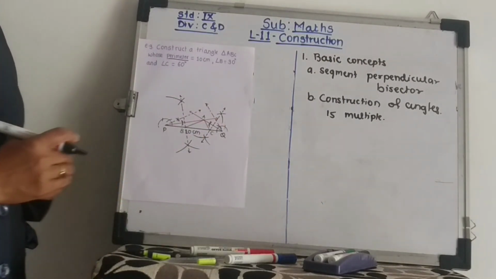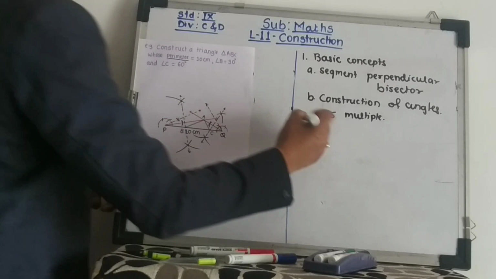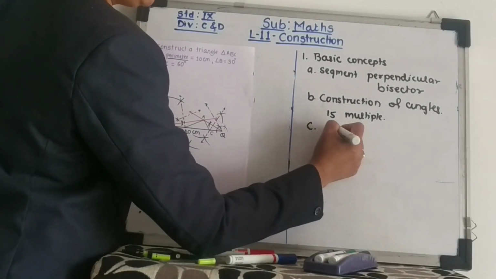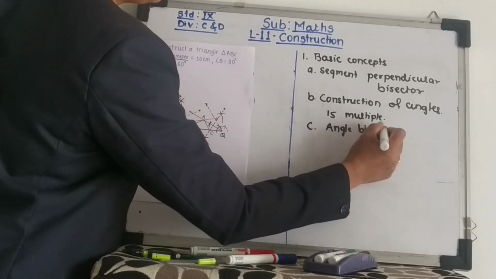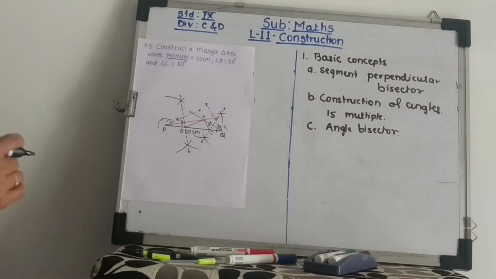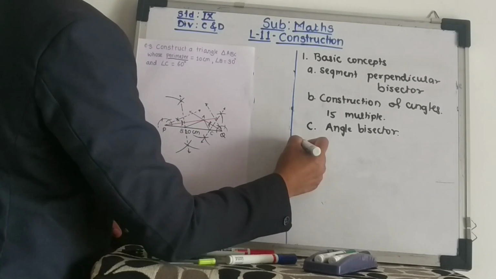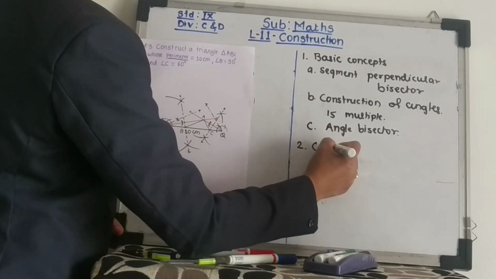How to construct angles that are multiples of 15 degrees, we have seen. Then we have seen their bisector: how to draw an angle bisector, that also we have seen. And then we moved towards our main topic, construction of triangles.